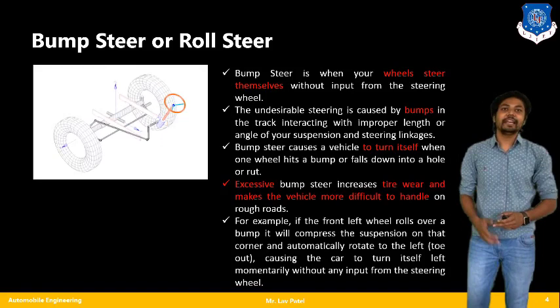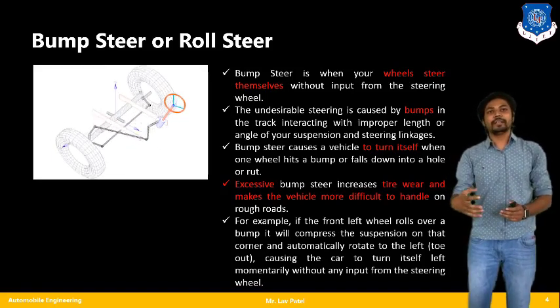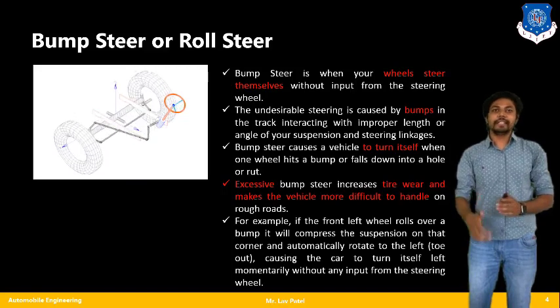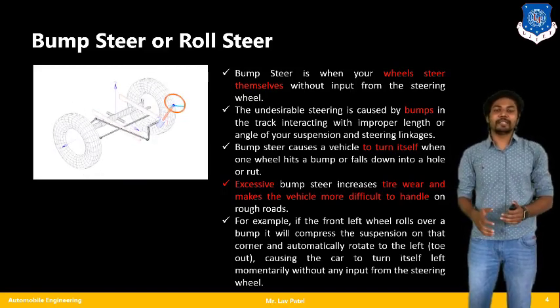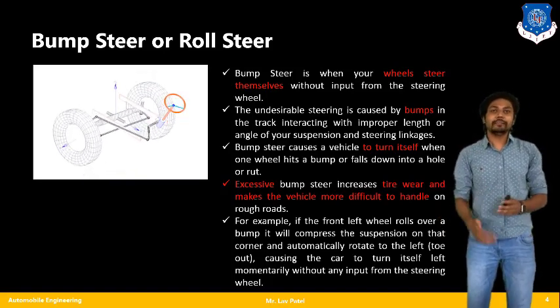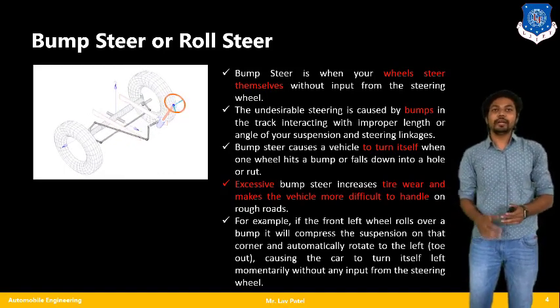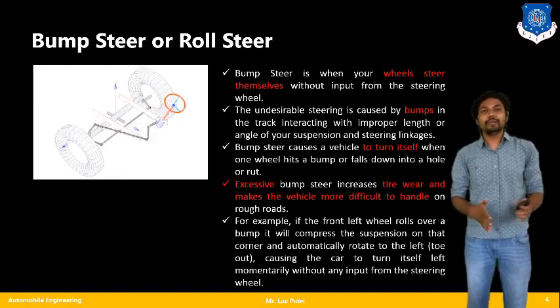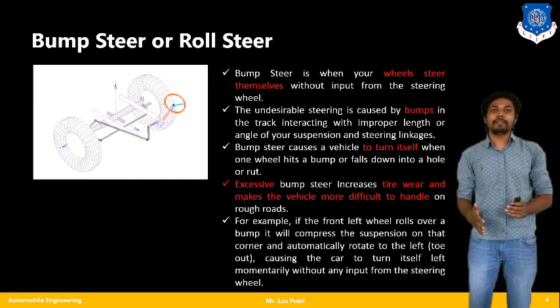For example, let's say the front left wheel rolls over a bump. What will happen? It compresses the suspension on that corner, and my steering will automatically rotate to the left. According to that, we can say there is a toe-out condition for my left wheel.